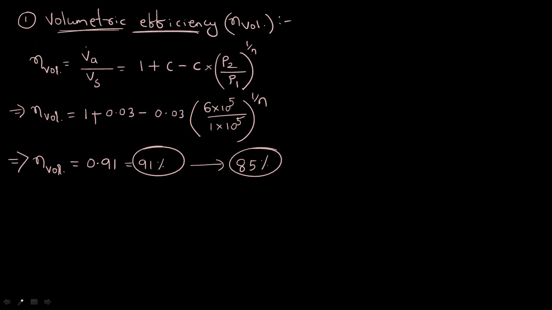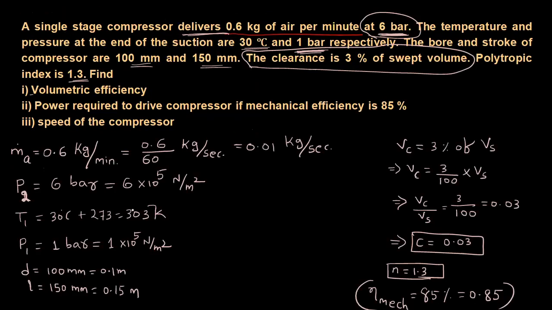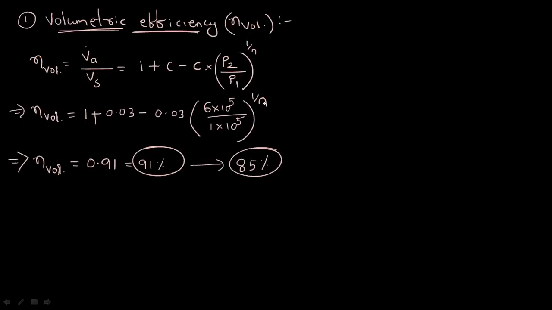N means N value. How much is the N value? N value is 1.3. Don't take 1.4. This N value is 1.3.